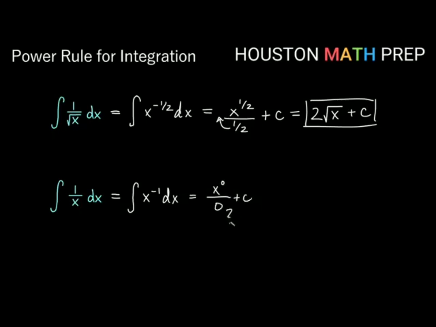So that doesn't make any sense. So the way we actually see this is we have to think about, do we know, outside of the power rule, some function that gives us a derivative of 1 over x? And the answer is, it's actually the natural log function. So this one here looks like a power rule, but it's one that's not a power rule. So this antiderivative is actually ln of x plus c.